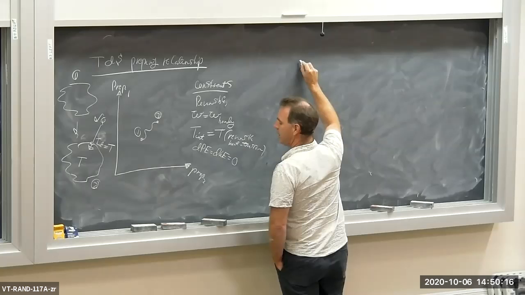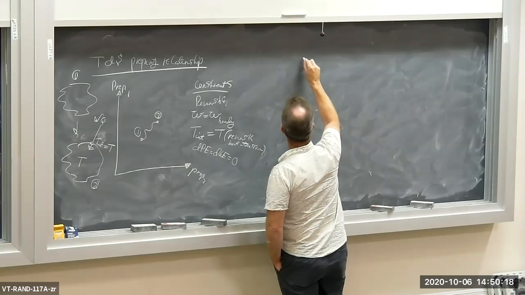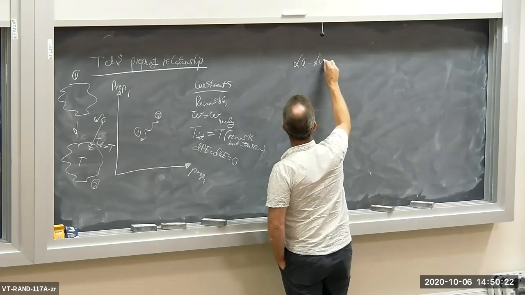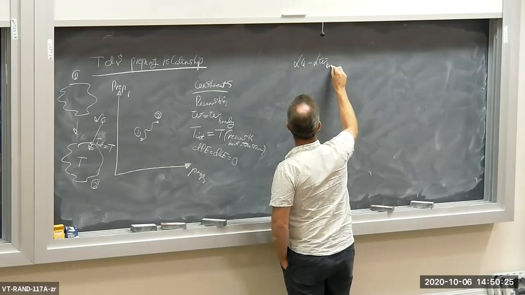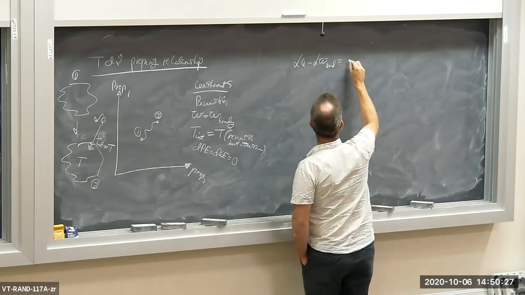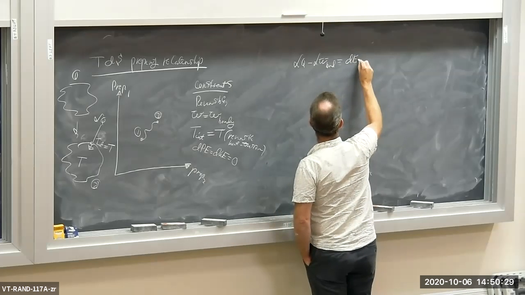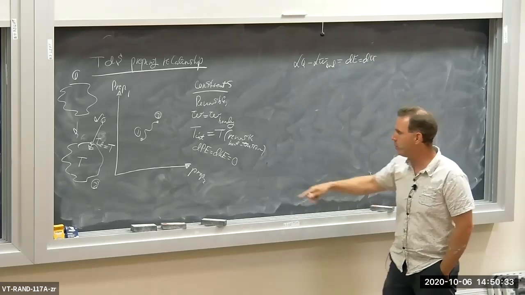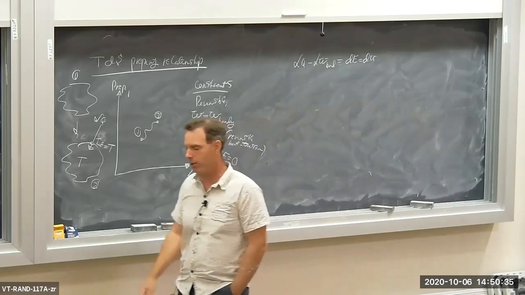So we have the differential energy balance, δQ minus δW boundary is equal to dE, which is equal to dU. Why is dE equal to dU? Because we're neglecting changes in kinetic and potential energy.